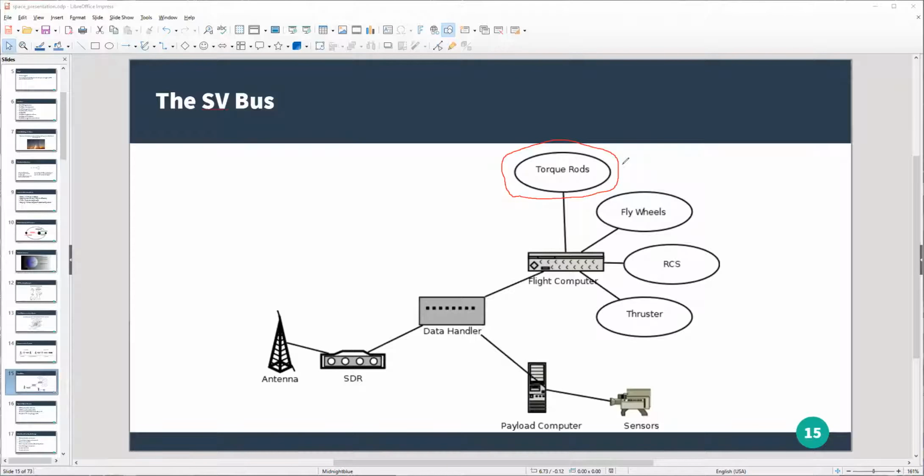That means that if you want to rotate your space vehicle so it's always, for example, facing the Earth, you can have what's called a torque rod, which are basically just magnetic rods that will keep your spaceship oriented in Earth's magnetic field, right? So it's basically just like a compass in space. No energy needed, and you can keep your spacecraft oriented correctly. It's one of the benefits of low Earth orbit.